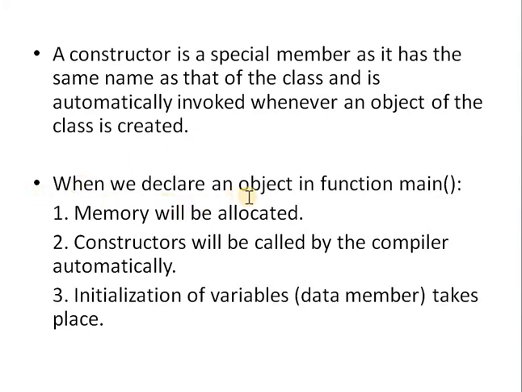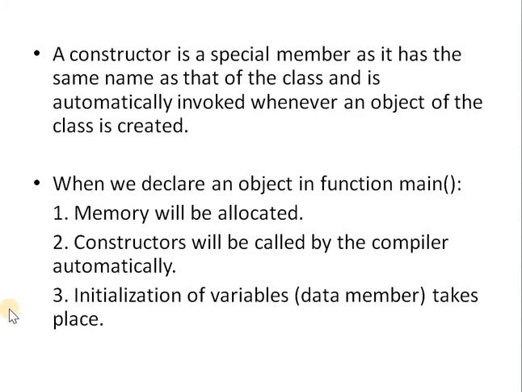When we declare an object in the main function, at that time the memory will be allocated. Constructors will be called by the compiler automatically, and initialization of variables, meaning data members, takes place.